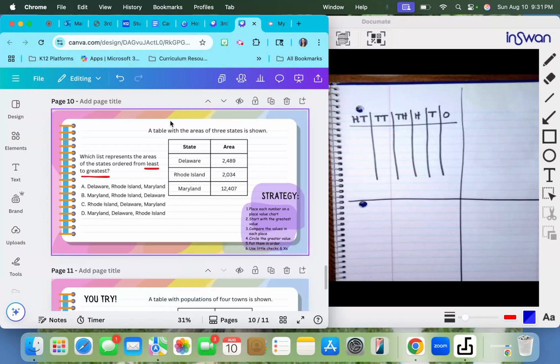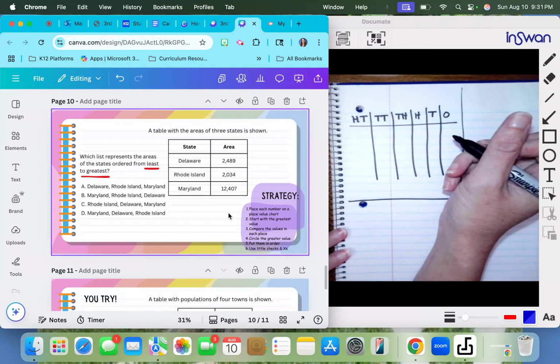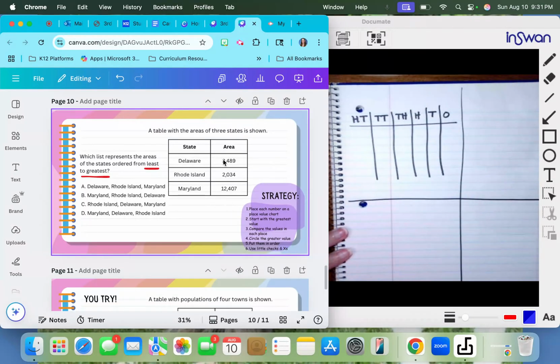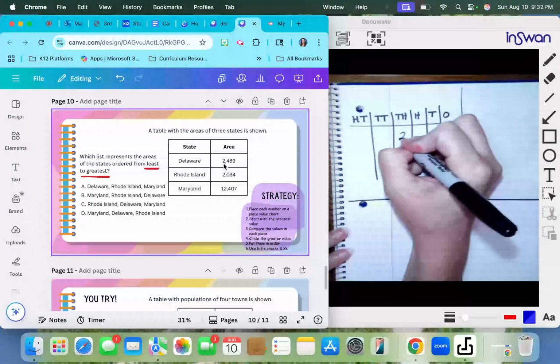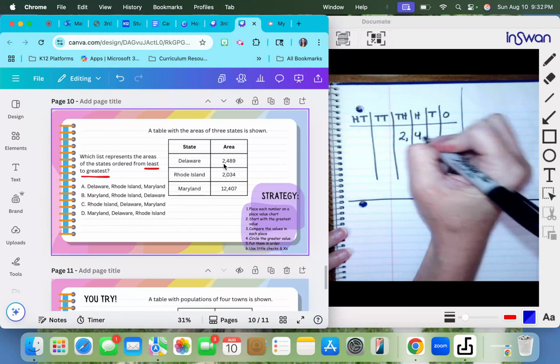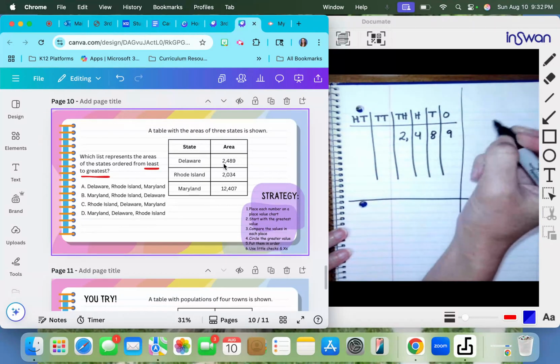All right, let's look at our table here. Here are my numbers. My strategy is to place each number on the place value chart, so let's do that. And be careful, I notice that not all of them have a number in the 10,000s, so I need to be careful. This one starts in the thousands, so that would be right here. 2,489.